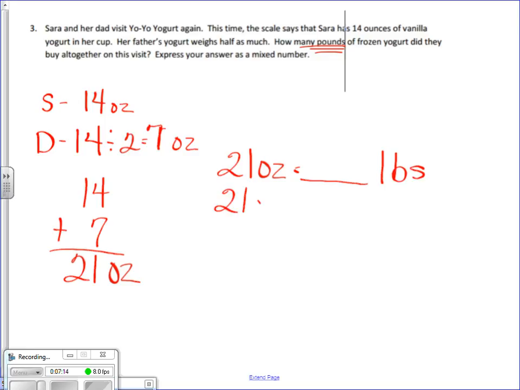So 21 ounces, we need to find out how many pounds that is. So 21 times 1. Forgot what I was doing. Oh gosh, ounces. I kind of had a moment there. So if I'm going from 1 ounce to a pound, I'm going from small to big.